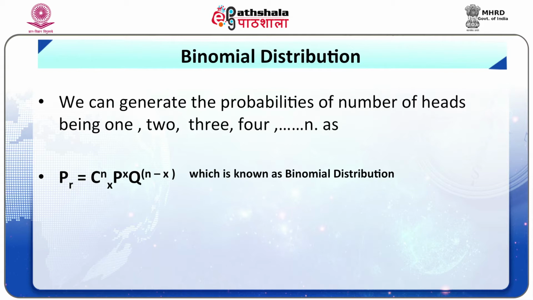The general form of the probability which will generate x heads is given as P(r) is equal to nCx p raised to power x, q raised to power n minus x.